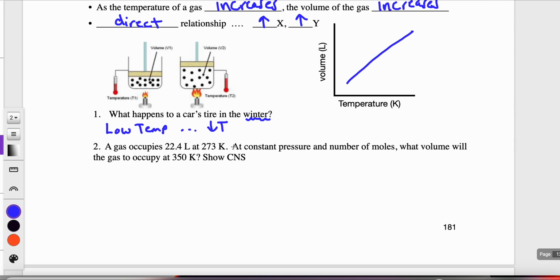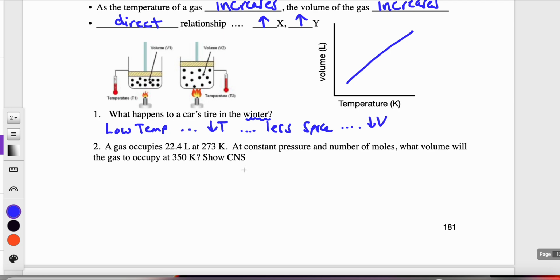And sometimes if the temperature is low enough, you go outside and you look at the tires on your car, they could look like they're slightly flat. So that decrease in the temperature, the gas occupies less space. So therefore, the volume occupied by the gas in those tires has decreased.